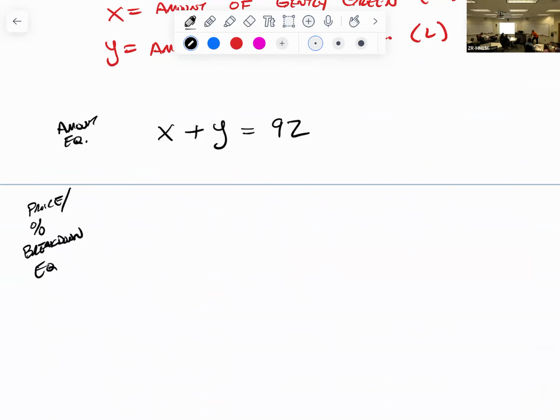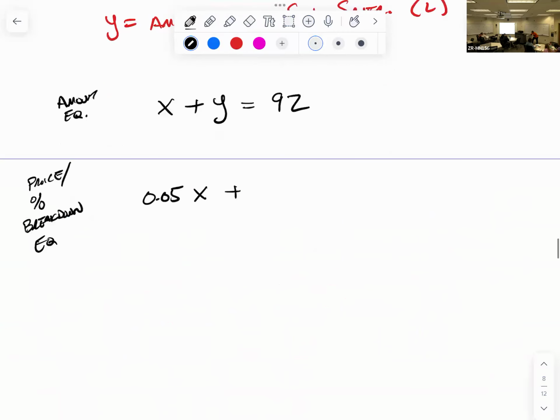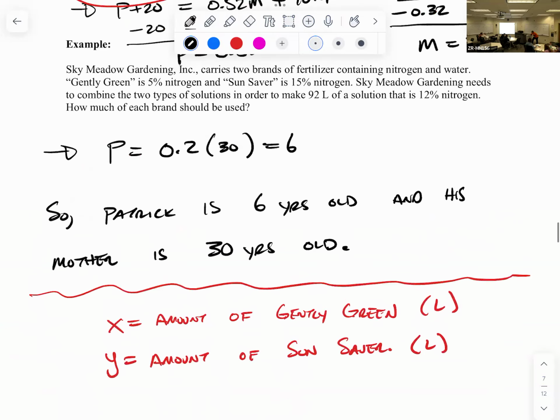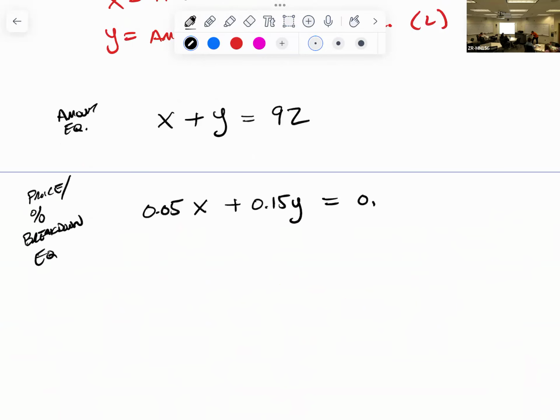How do I write that? 0.05. So 0.05X plus 15% Sun Saver is nitrogen, and I am creating a 12% solution. That's 0.12 of the total solution. This is where I need to pay attention.